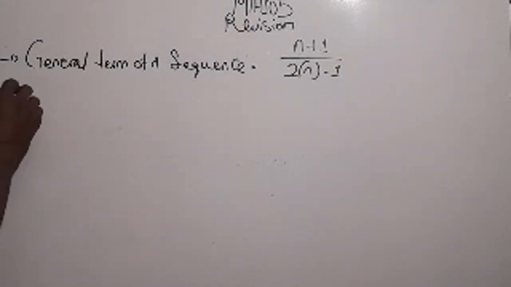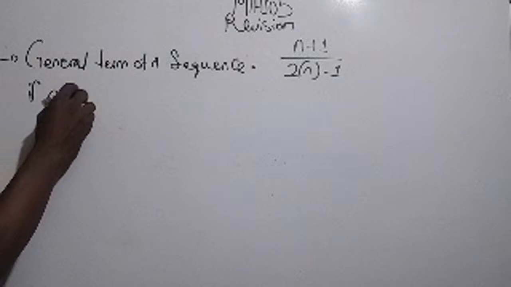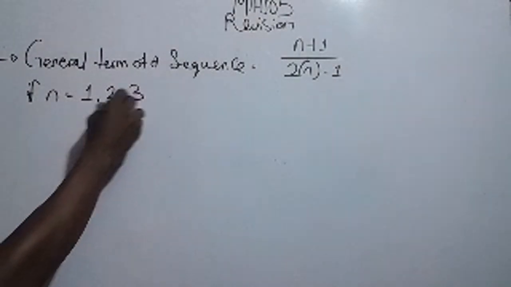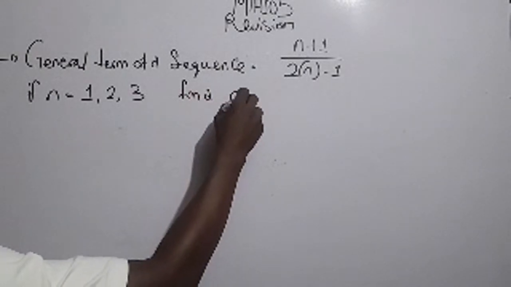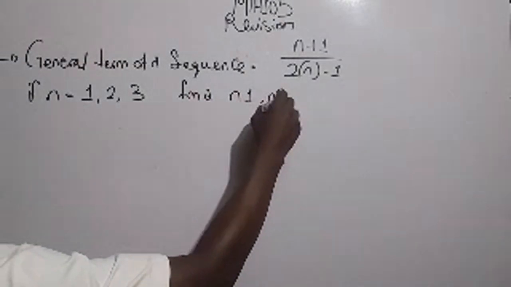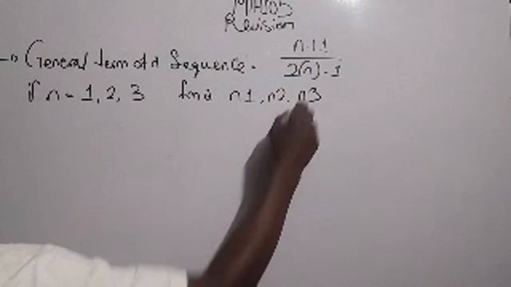Now, if n equals 1, 2, 3, find n1, n2, n3.